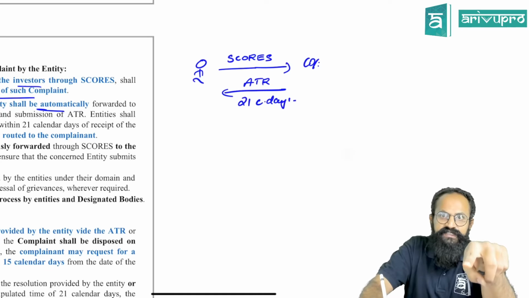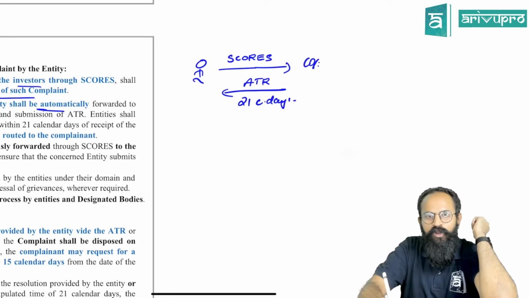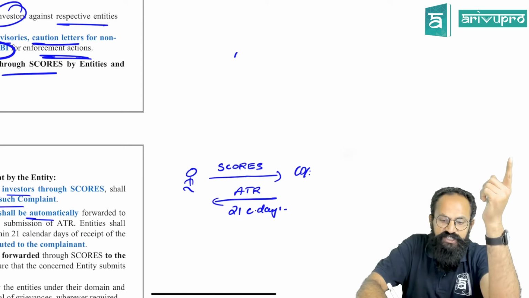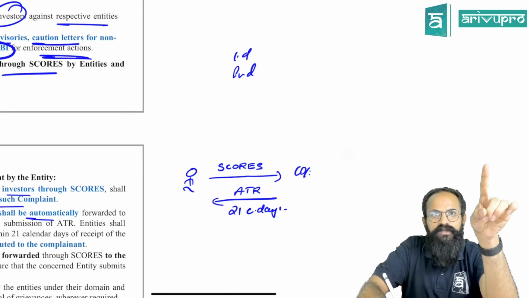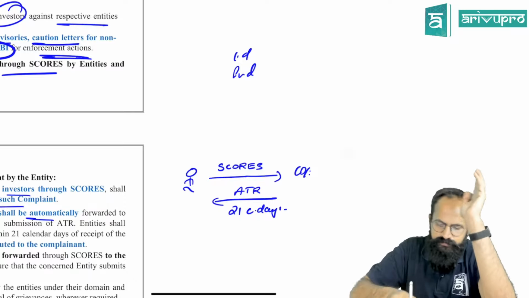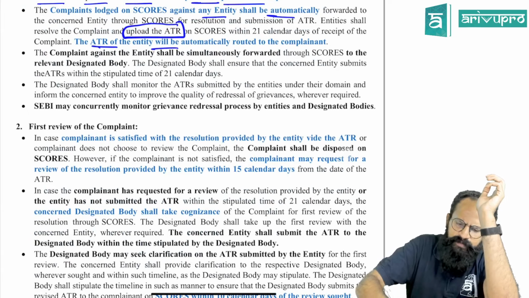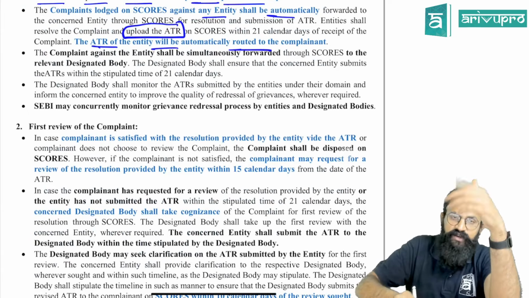If you remember, we had seen in class how to create your ID and how to lodge a complaint on SCORES. You have to create your credentials, ID and password in that investor corner. That is the same as it is. The ATR of the entity will be automatically routed to the complainant, so the investor will get the resolution.